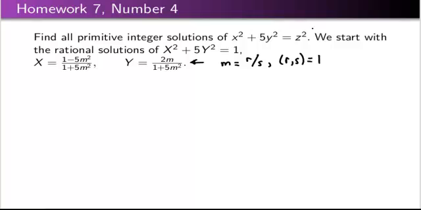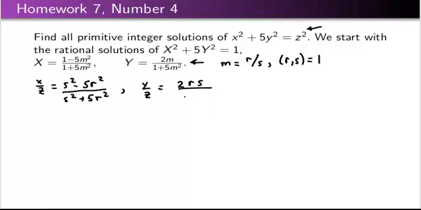Then we take the equation here, divide both sides by z squared. So we think of capital X as being little x over little z, and that will equal s squared minus 5r squared over s squared plus 5r squared, and then y over z will be 2rs over s squared plus 5r squared.